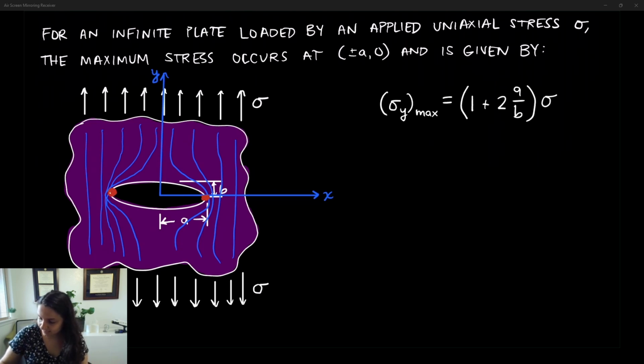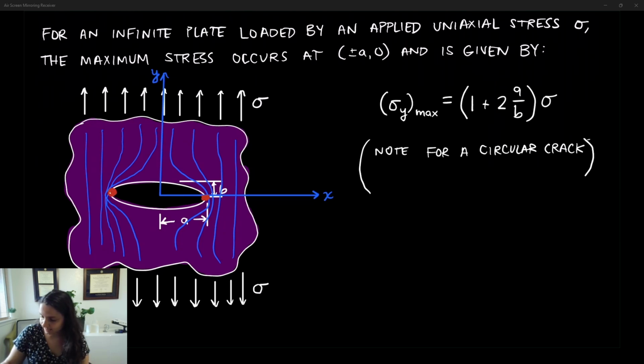Something interesting, and maybe this will help with understanding the magnitude of this amplification of stress: if we have a circular defect instead of an ellipse, then a is equal to b.